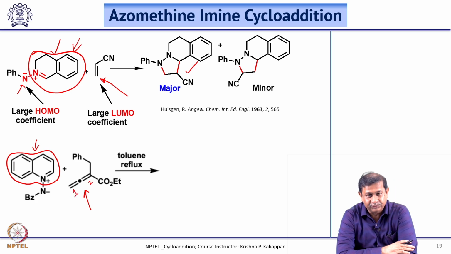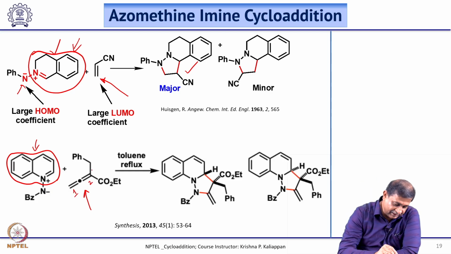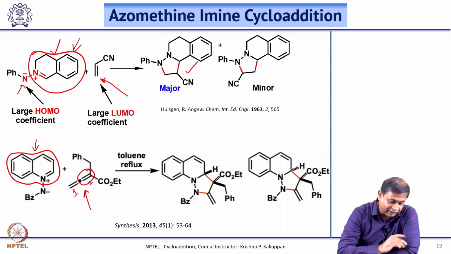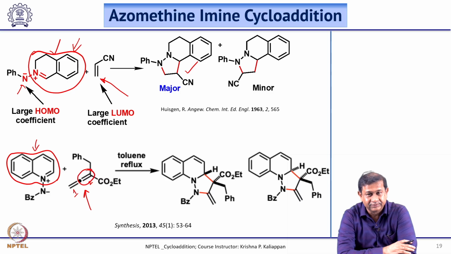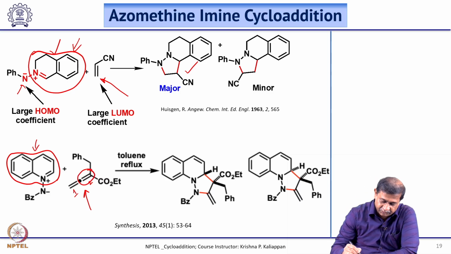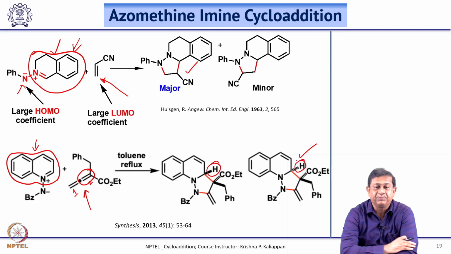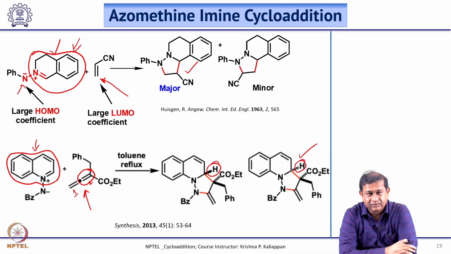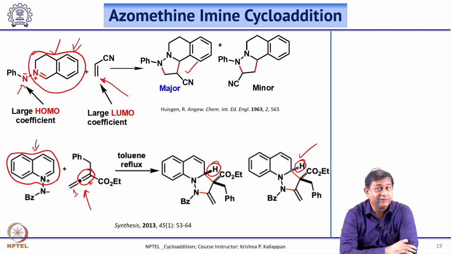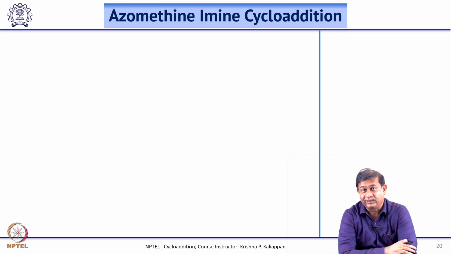Which one will undergo 1,3-dipolar cycloaddition? Obviously, this double bond will undergo the cycloaddition, and it can give both isomers, where you can see the hydrogen can be beta or hydrogen can be alpha. So allenes are also good dipolarophiles in 1,3-dipolar cycloaddition reactions.